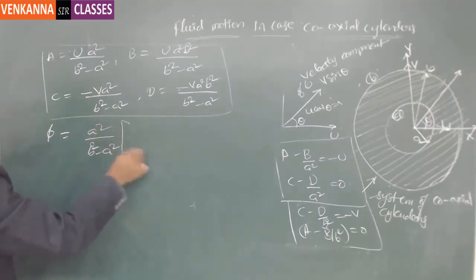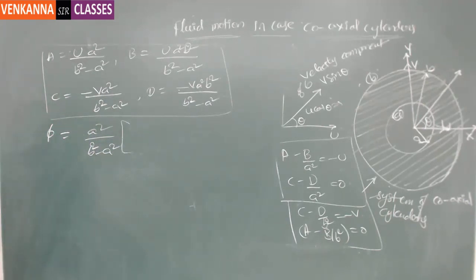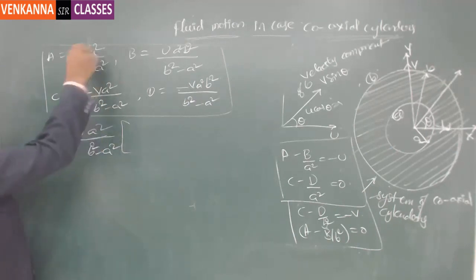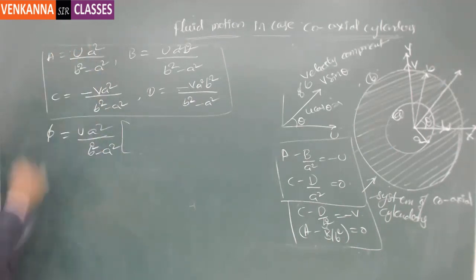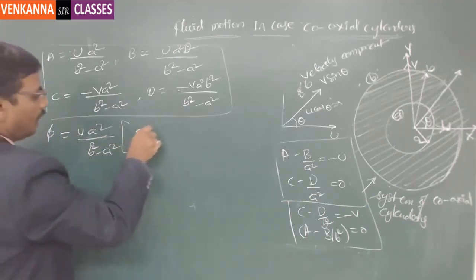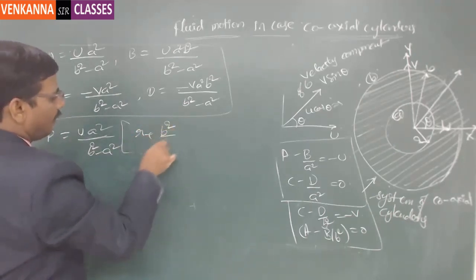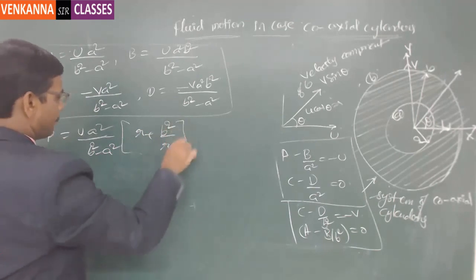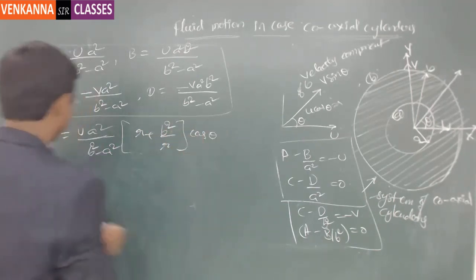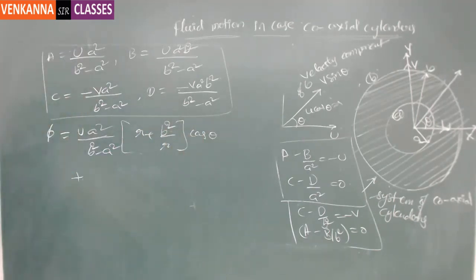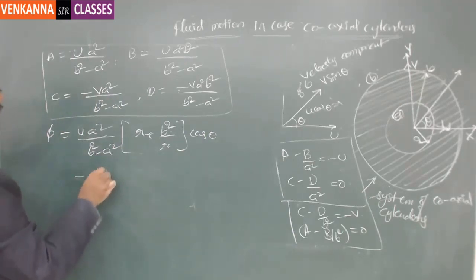If you take out Ua² divided by (b² − a²), what is left over is (r + b²/r) cos θ, plus minus Va² divided by (b² − a²).